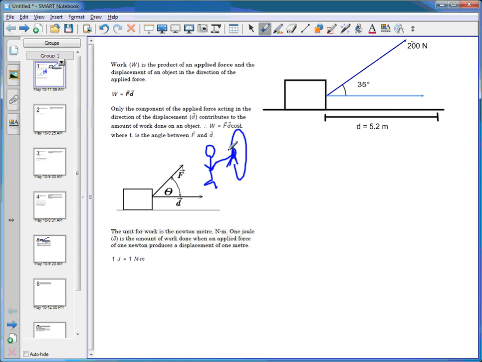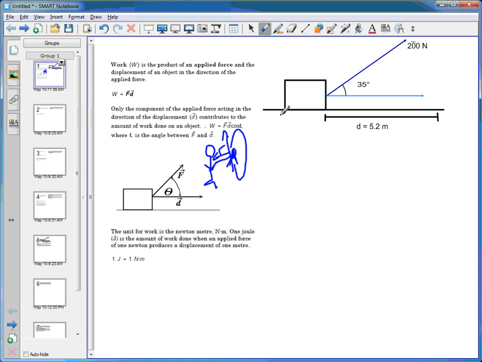The string is applying a force to the ball in that direction, but the ball is moving in that direction. The force and the direction are 90 degrees to each other. In other words, there is zero component of the force of the string on the ball that is in the same direction as the motion of the ball. Therefore, there is no actual work done on the ball by the string.